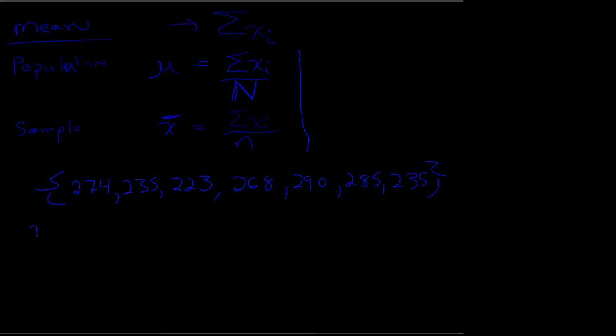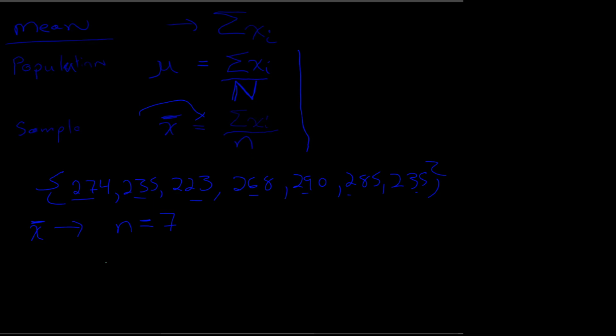What I want to find is X bar. To do that, I need to know n, or how many pieces of data there are. There's 1, 2, 3, 4, 5, 6, 7 pieces of data. What I do is add up all of the x's. That's what this notation is telling me to do. The sigma says add up all of the x's and then divide the answer by n.